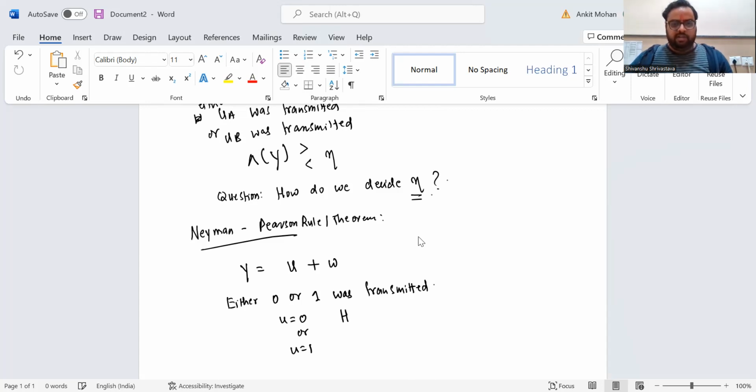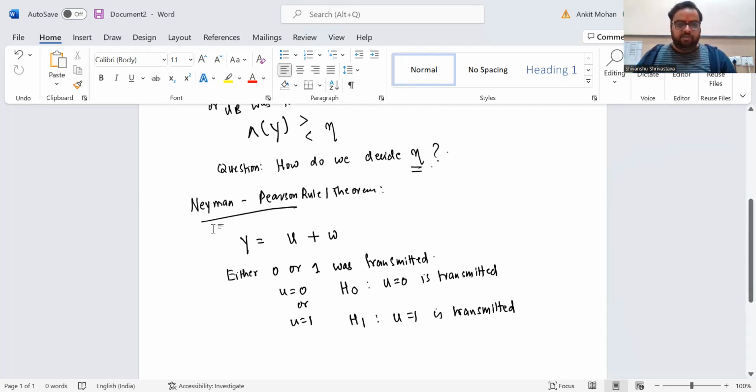Hypothesis H0 signifies that U is equal to 0 has been transmitted at the transmitter end, and hypothesis H1 signifies that U is equal to 1 is transmitted at the transmitter end. Okay, so this is the case.